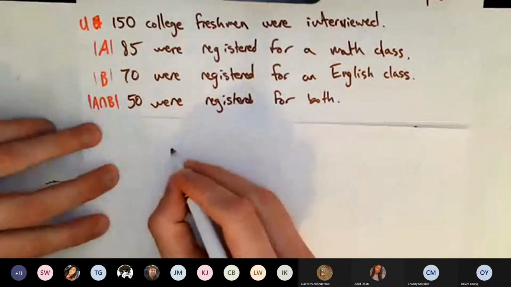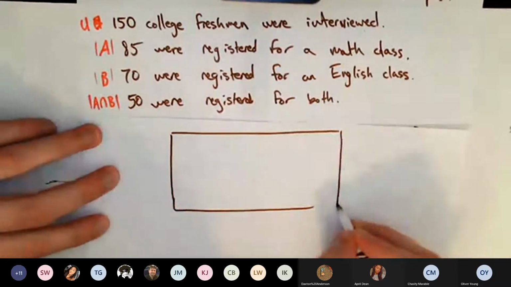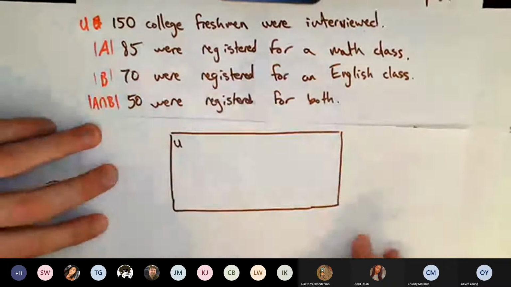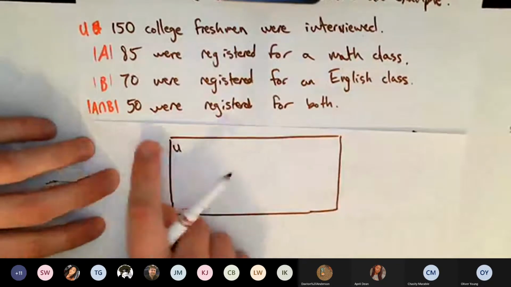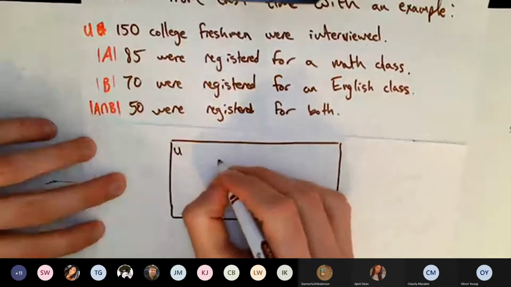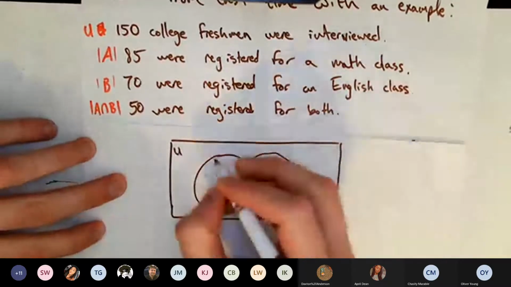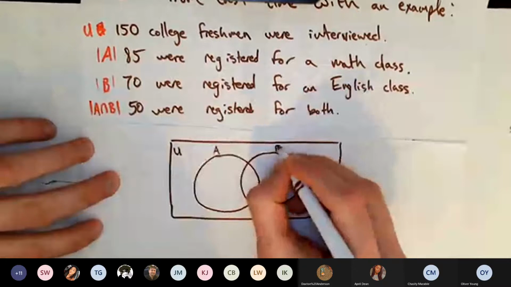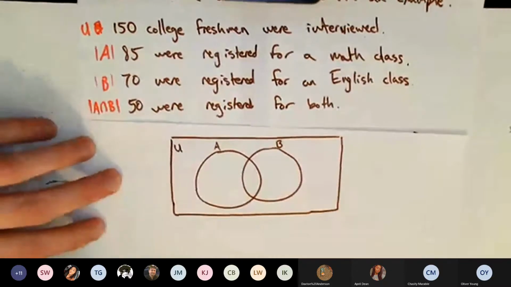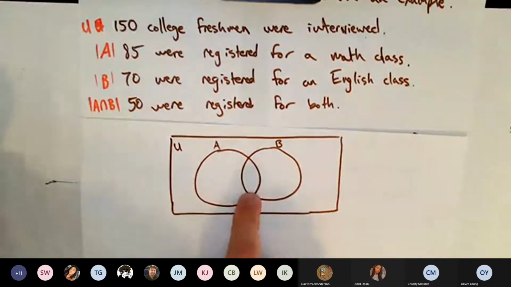Okay, so here we go. If I draw my Venn diagram, draw my rectangle, there's my universal set. So this whole thing is my universal set. And then here is A, and here is B. And we want to fill out this Venn diagram. Remember, the thing to do is to start from the center, from the intersection.